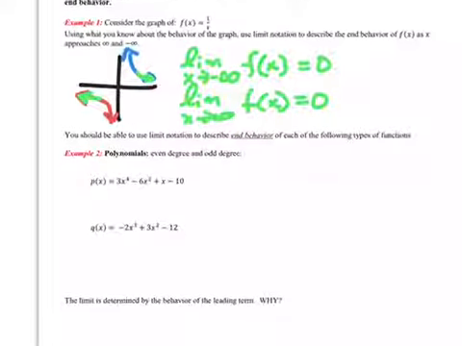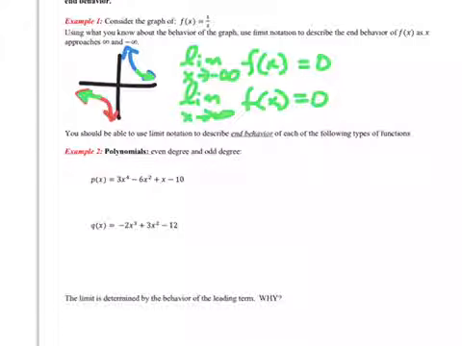So you should be able to use limit notation to also describe the end behavior of each of the following functions. Polynomials with an even degree and an odd degree. So degree is the highest power in any given polynomial. So here we have 4, here we have 3. If you have an even degree with a positive leading coefficient, positive 3, our end behavior would look like that.